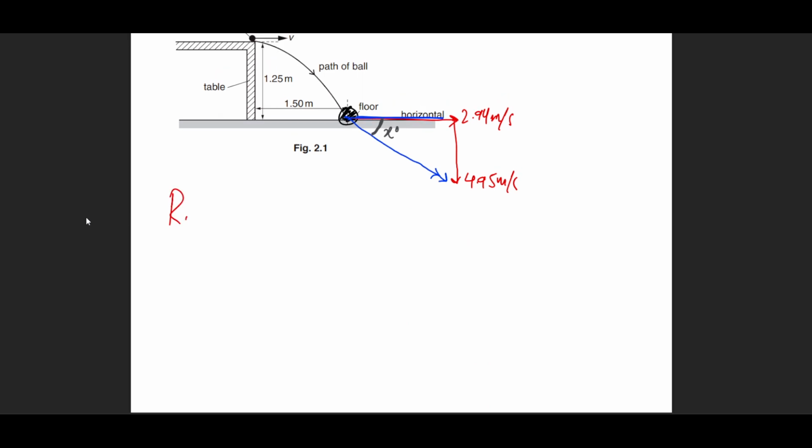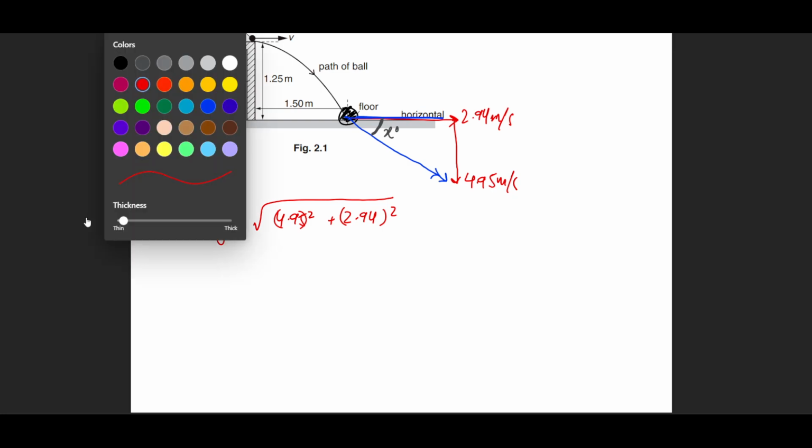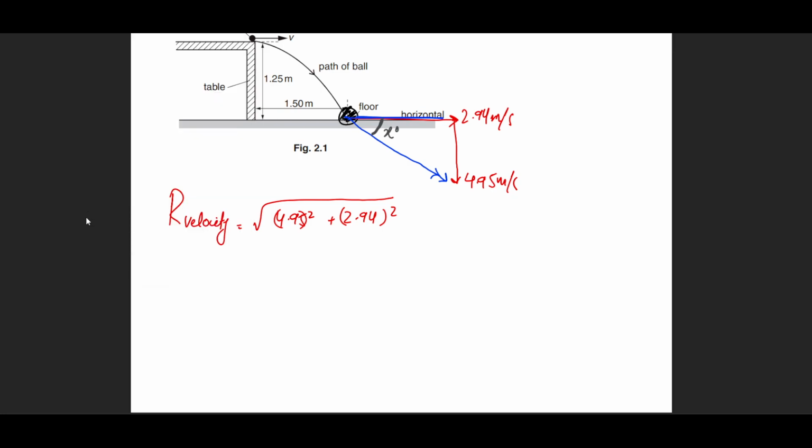So the resultant velocity will be calculated by the Pythagoras theorem, which will be under root of 4.95 square plus 2.94 square. What you will find generally in books and notes and in some classes as well is that teachers generally don't convert this into the respective value. They take the v cos theta completely into the systems.